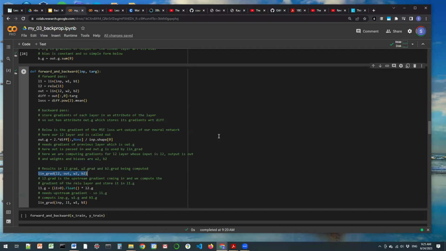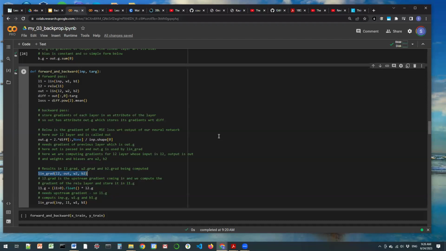Yes. So .g here refers to the attribute that has the variables of the forward or the backward pass. No, only the .g attribute of a variable is the gradient of that variable. Now, what is the gradient of the variable? You have to look at it in the context of the network.